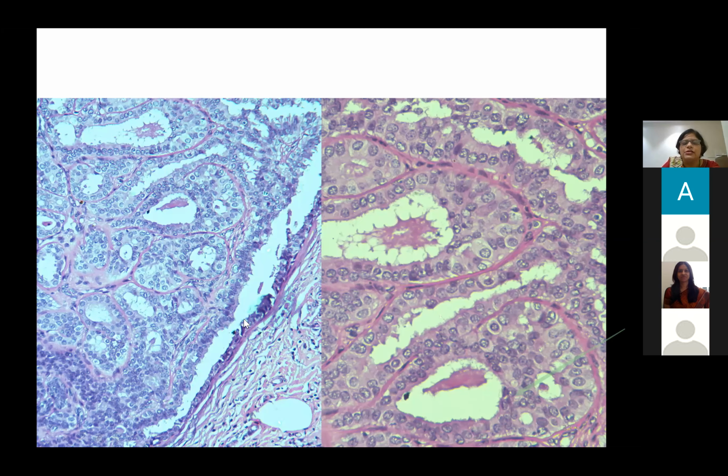There is definitely atypia, but there is no mitosis. This is the problem with papillary lesions, that atypia is natural to this lesion. You have a lot of apocrine cells and large, bizarre looking cells, but there is no mitosis or necrosis. This is the clue that whatever atypia you're seeing is not really ominous. This was called DCIS, but look at the myoepithelial marker, abundant presence of myoepithelial cells.